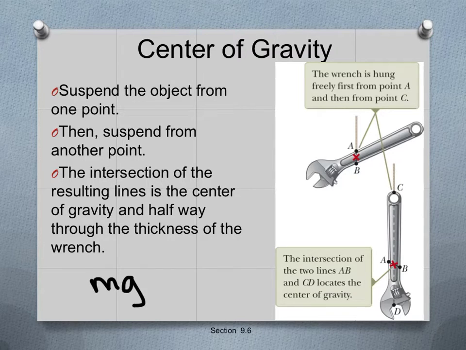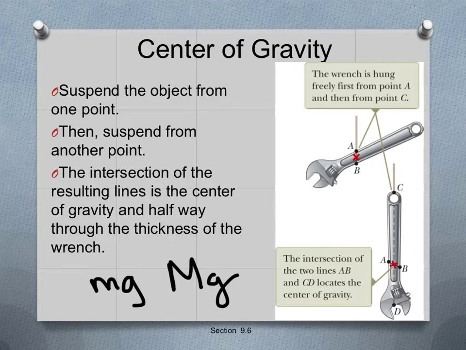For center of gravity, we think about the total mass times the acceleration due to gravity. The net effect of all of these forces acting through a particular point is what we call the center of gravity. Now, if the acceleration due to gravity is constant over the mass distribution, then the center of gravity will coincide with the center of mass.